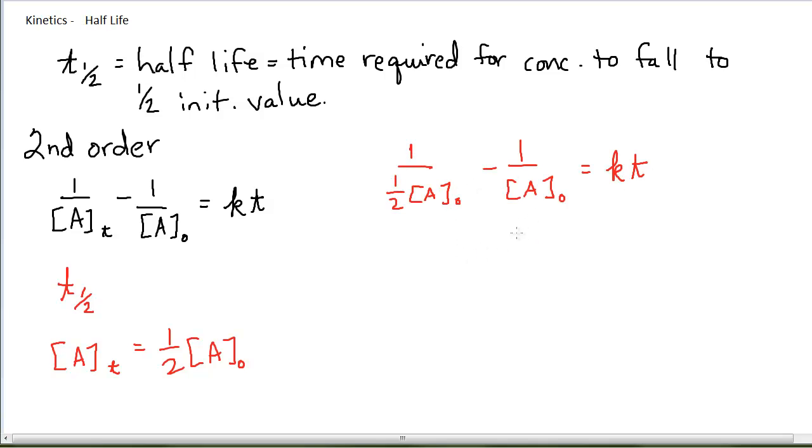What we see happening here is that my A0, the initial concentration of A, does not cancel. So our half-life, T1/2, is still going to have an A0, an initial concentration of starting material, present in the calculation. Let's clean it up and see what we end up with.